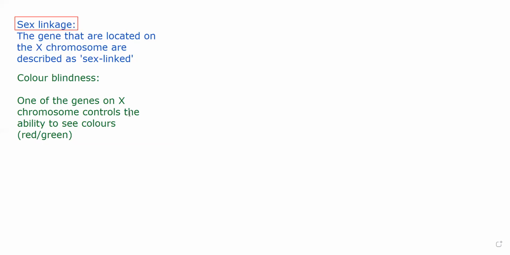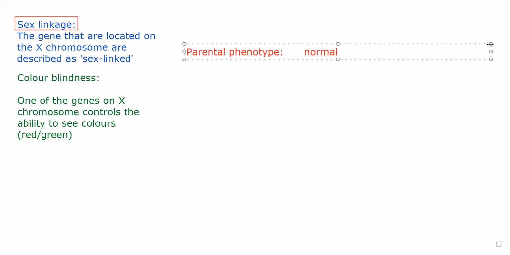Let me draw it. I am going to draw the phenotype of the parents first. So here, we are going to talk about parental phenotype. Here I have a normal sighted female, which is going to cross with a color blind male.